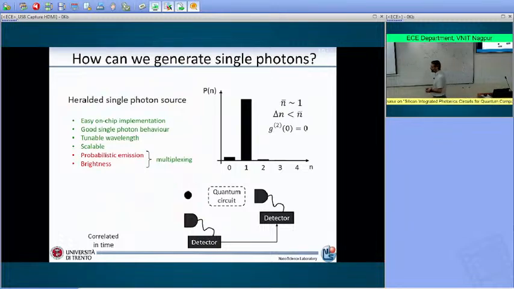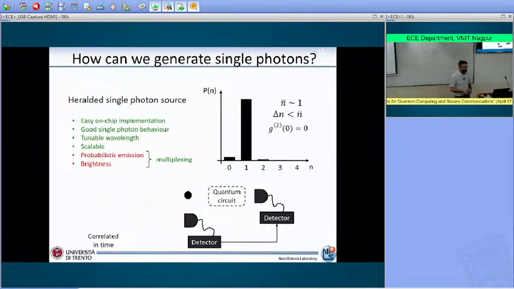So here the concept is that I use the measurement of one of the two photons in the pair to trigger, to announce the presence of my single photon in the quantum circuit, and therefore to perform the measurements. Okay? So this is the concept. So this is a single photon source. I have a single photon that is heralded by the measurement of the correlated photon in the pair.